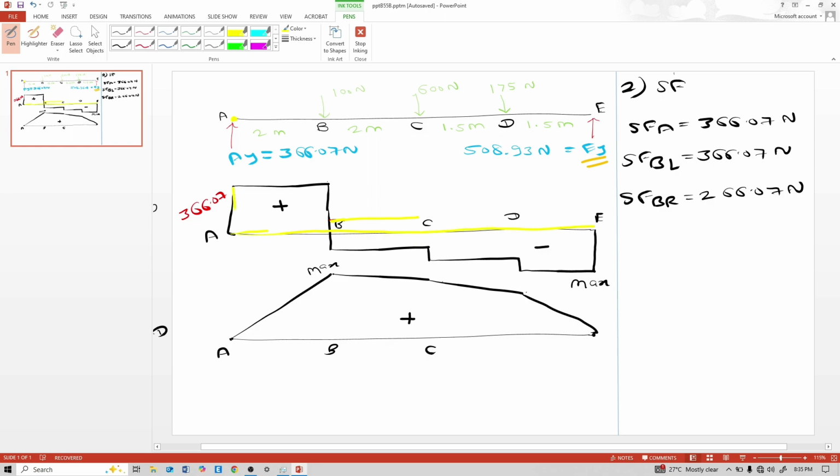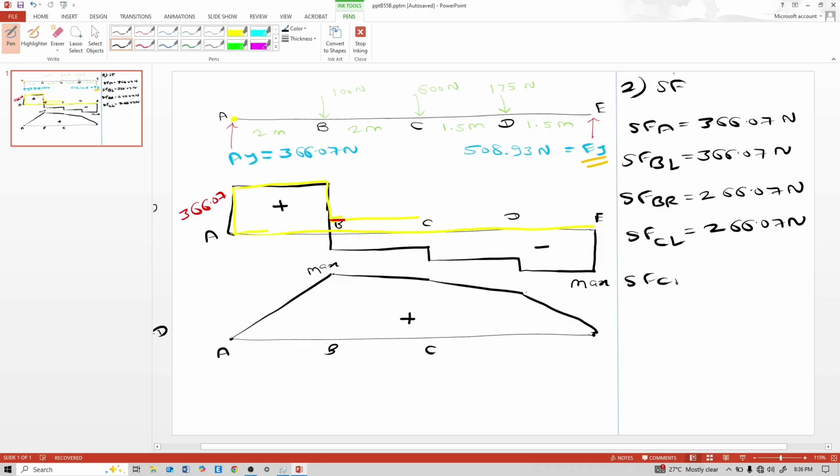Yellow color SFD is the correct SFD, because I just assumed it firstly. Shear force at C just left is also 266.07, because no load in between, that's why the shear force does not change.